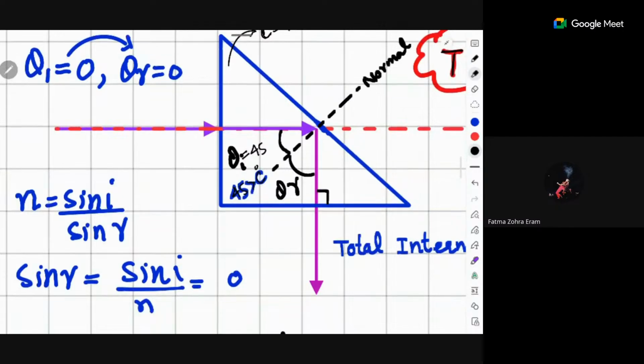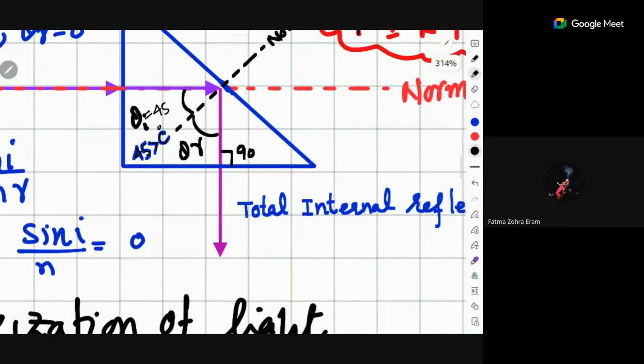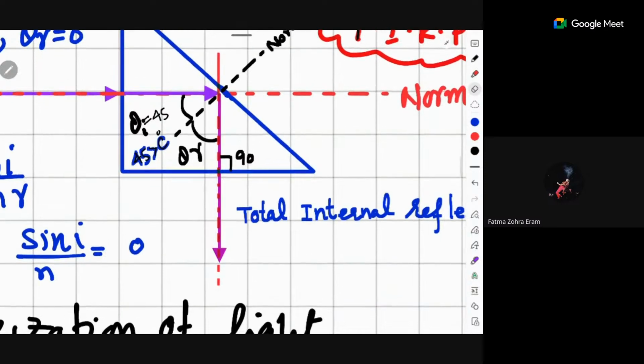Now again there is a story. This story tells you that this is 90 degrees to the surface, but it is basically parallel to the normal, isn't it? Yes, sir. This is our normal, right? So once it is parallel to the normal, can I say that the angle of incidence is zero here?